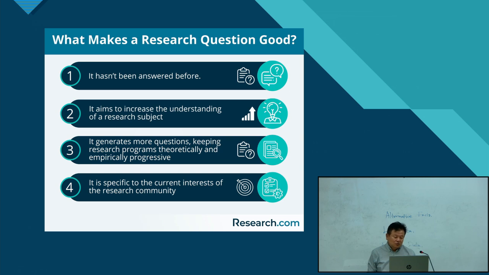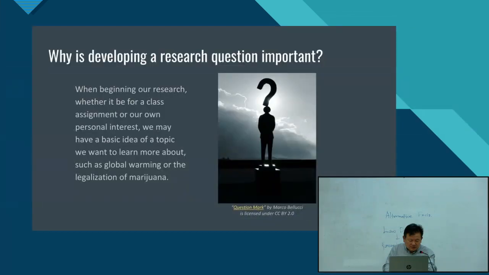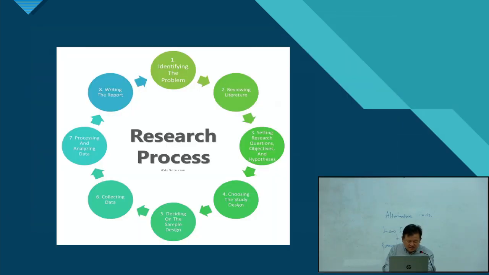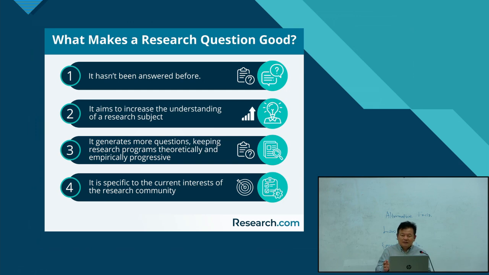It depends on or is based on the last or before study, and then you can choose that. Last time I showed that the research process's second step, reviewing literature, means you have to find the foundation, and then you can make the new questionnaire.